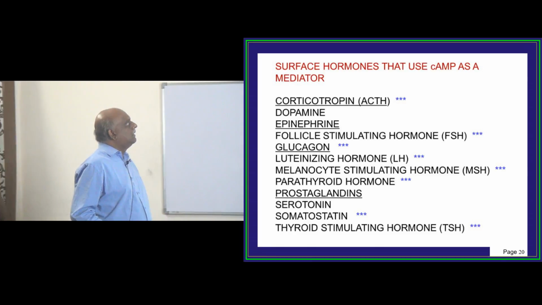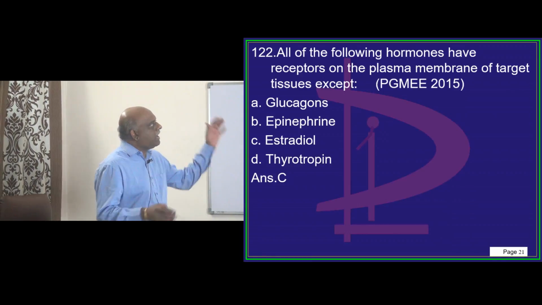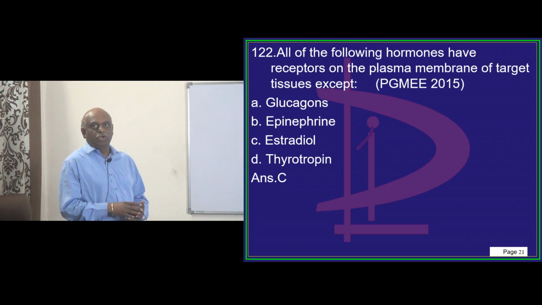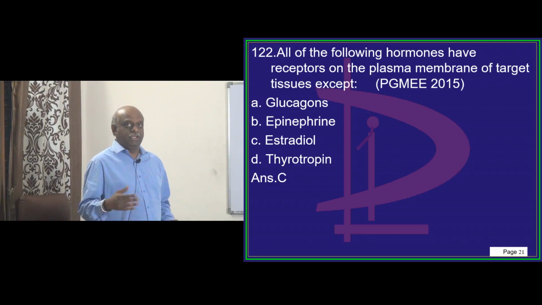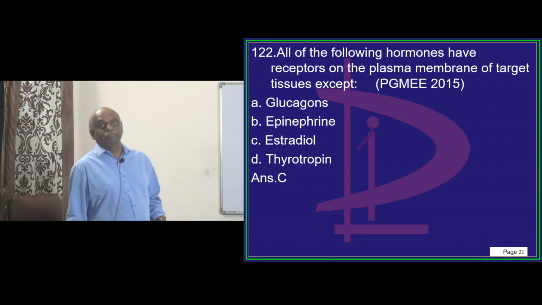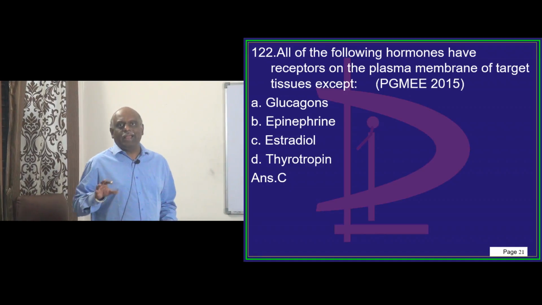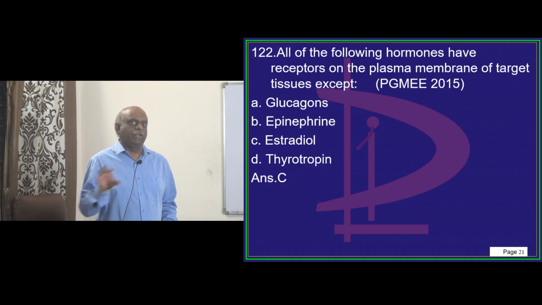Now, which of the hormones have the receptors on the plasma membrane of the target tissues is a very, very important question. So, you should remember estradiol acts at the level of the nucleus, the nuclear membrane.